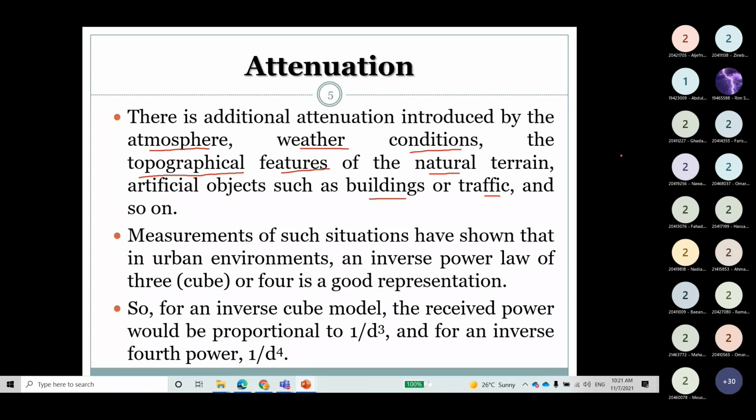Because the signal itself will be attenuated, and the need for regeneration of this signal is very important. Is it clear? Do you have any question?